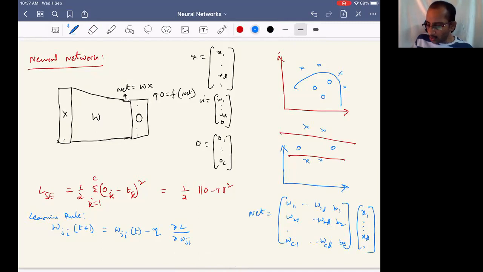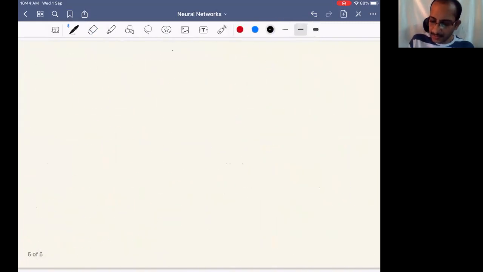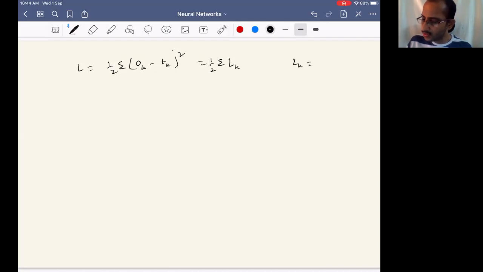Fine. So now how do I compute dou L by dou Wji? L is essentially the sum of squares. If Lk is the error associated with only the kth neuron, then L is the sum of Lk, where Lk is equal to (Ok minus Tk) whole square.